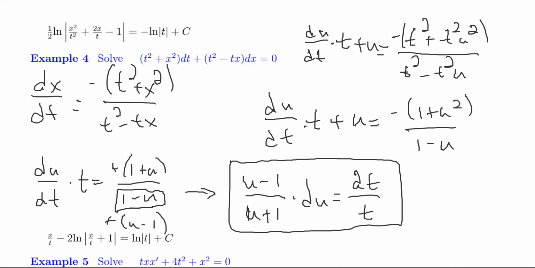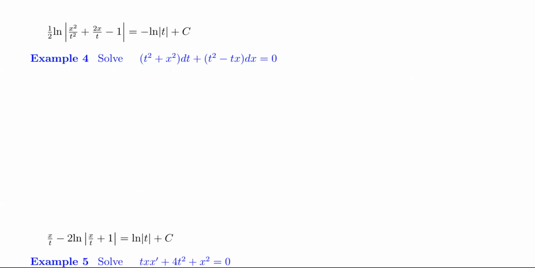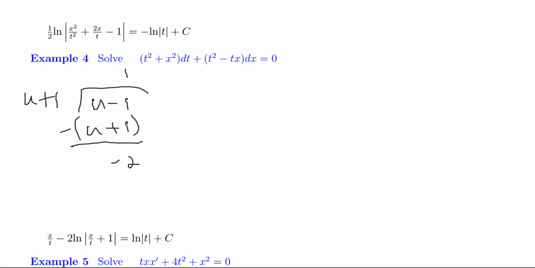Well, we need to reduce the left-hand side. We can reduce the left-hand side by dividing u minus 1 by u plus 1. And we get 1 times that is u plus 1, subtract. So this is negative 2. So this means that u minus 1 over u plus 1 can be rewritten as 1 minus 2 over u plus 1.